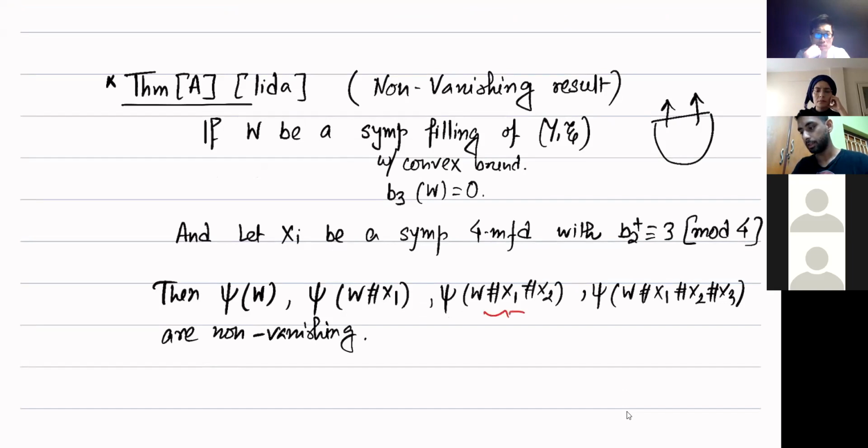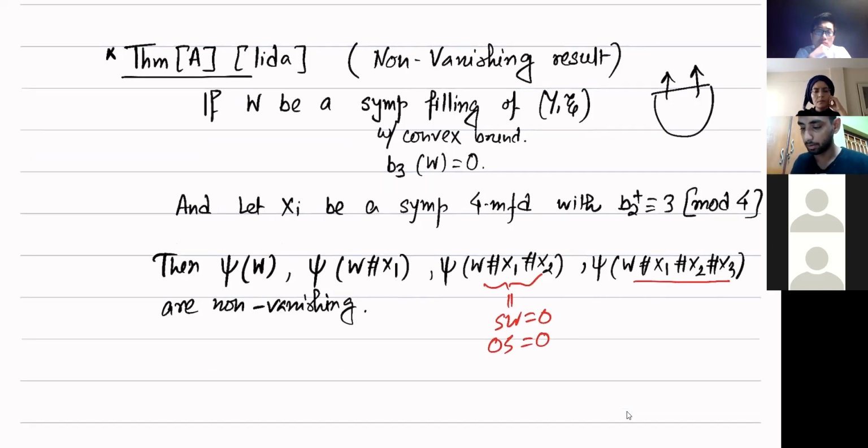In this example, Seiberg-Witten is 0, Bauer-Furuta is 0, but this new invariant is actually non-vanishing, up to 4 copies of connected sums. So this is the first result, the non-vanishing result, and the new result we proved in this paper is the following.